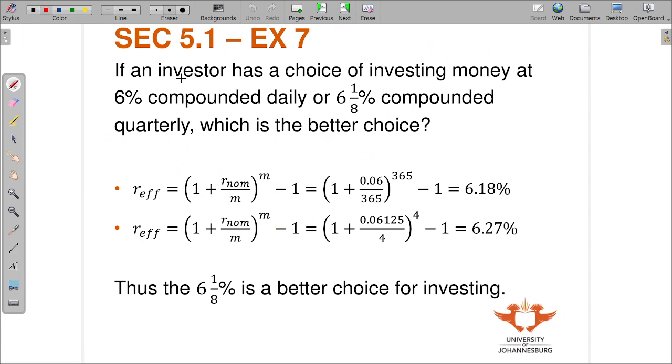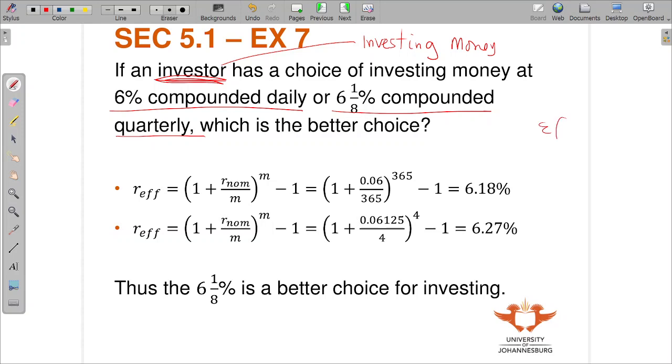Now, for example, an investor, and don't forget an investor is investing money, has a choice of investing at 6% compounded daily and 6 1/8% compounded quarterly. Which is the best choice? We cannot know the best choice without first changing them into effective rates.